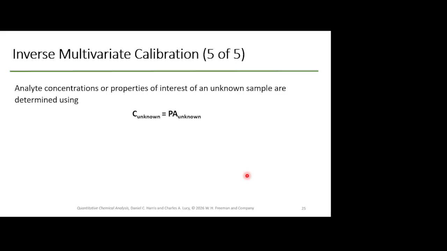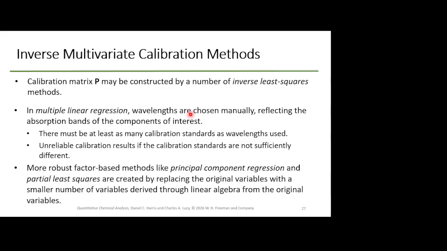All right, so the analyte concentrations or properties of interest of an unknown sample are going to be determined by using this right here, which is the concentration of unknown, the regression, and then the unknown absorbance right there. Okay, so your calibration matrix can be constructed by a number of inverse least squares methods.